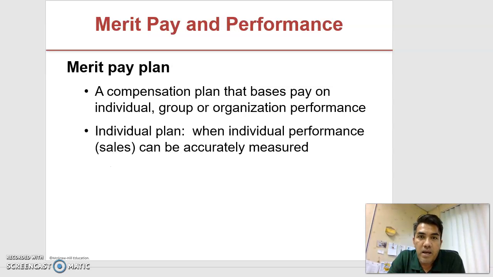So under merit pay plan, a compensation plan that bases pay on individual, group or organizational performance, when individual performance can be accurately measured, this can be used for example in sales teams. Sometimes they use this merit pay plan, the compensation based on your individual performance. The better that you perform, the more pay that you are going to get.